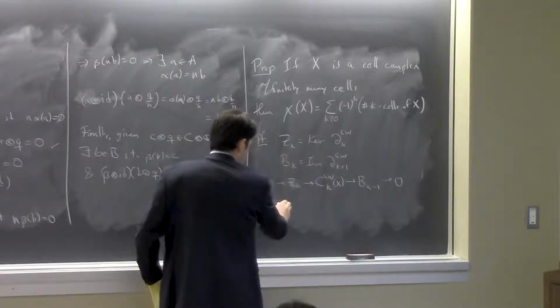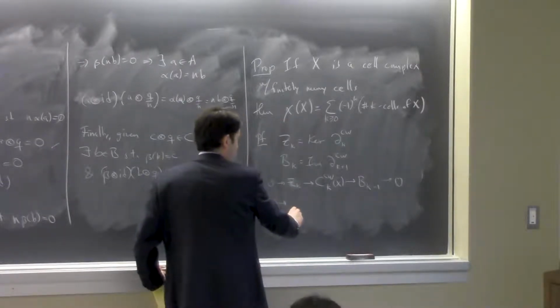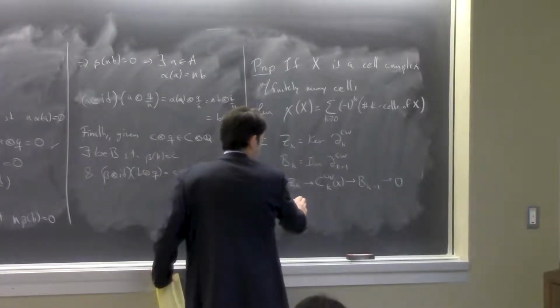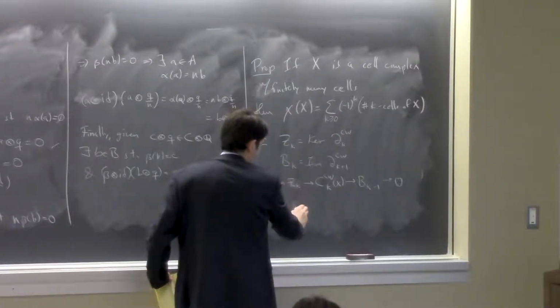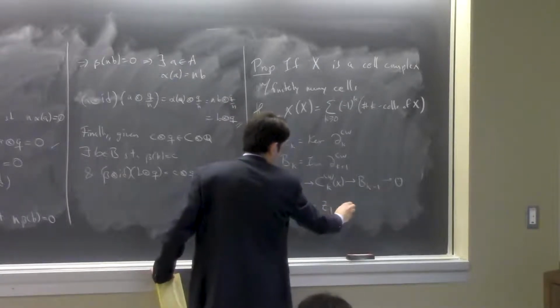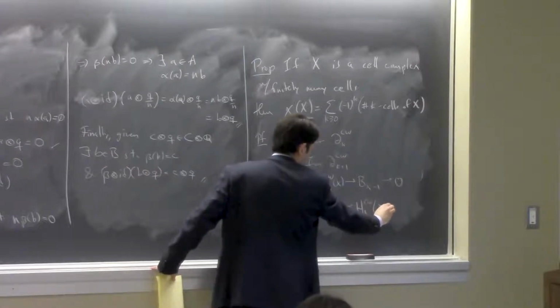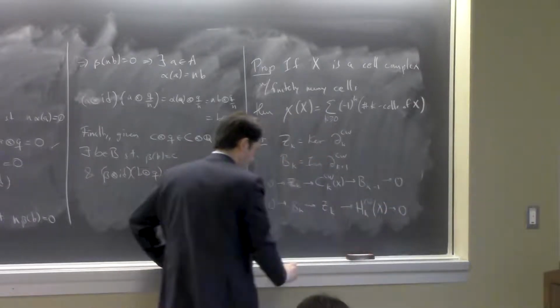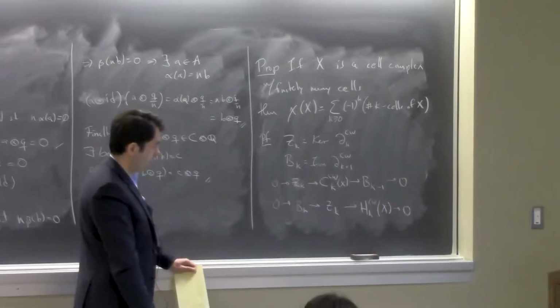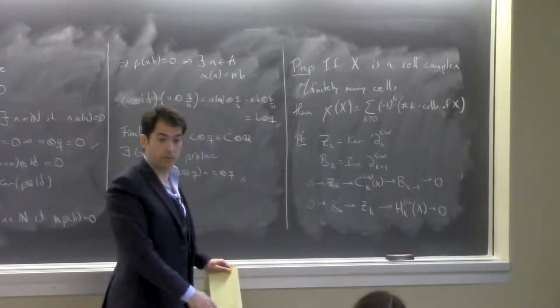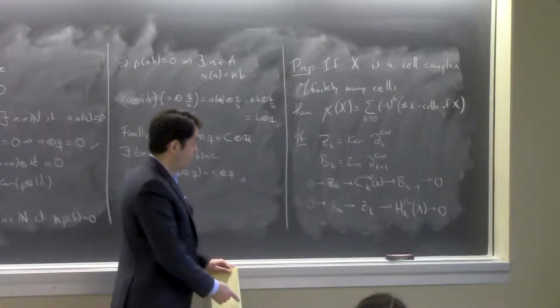And on the other hand, the homology is what you get by putting Bk inside Zk and taking the quotient. Right, so you have those two sequences.